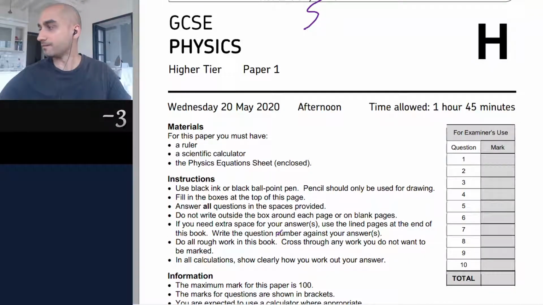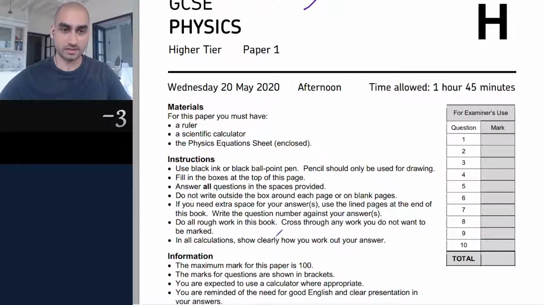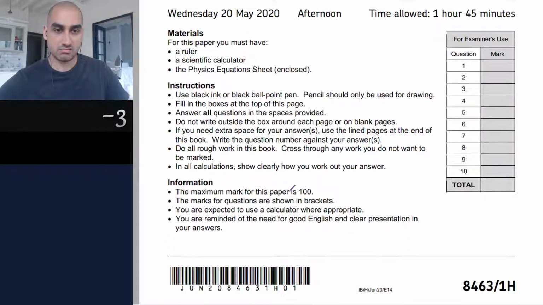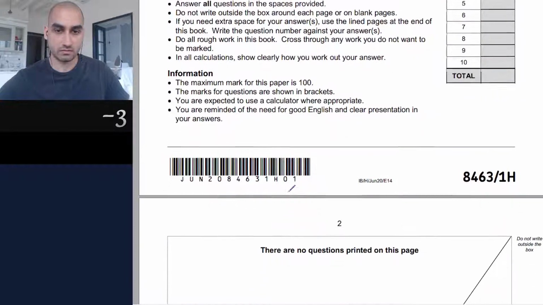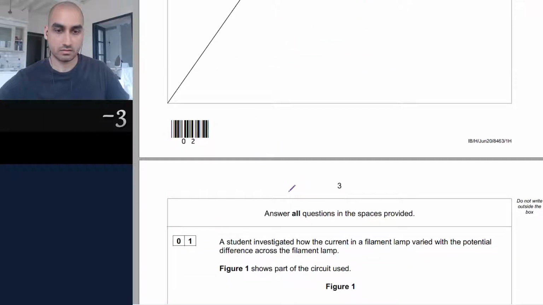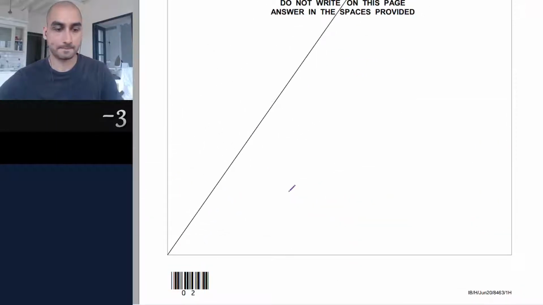I can draw reasonably straight, maybe. All right, so a scientific calculator, yeah, we'll just use Google for that. And then we've got this physics equations sheet. And we've got 1 hour 45. All right. Okay.